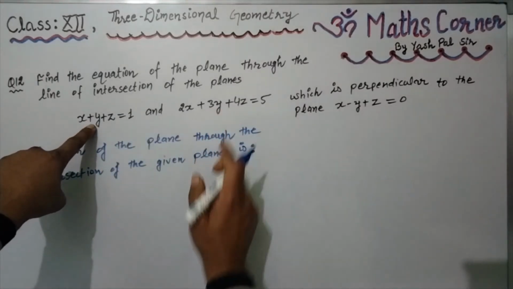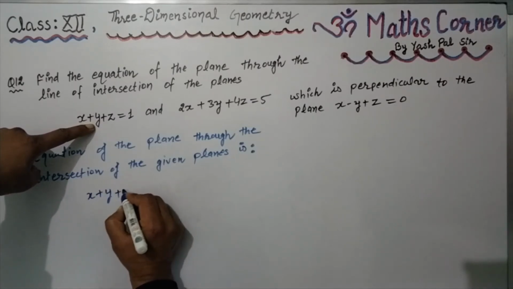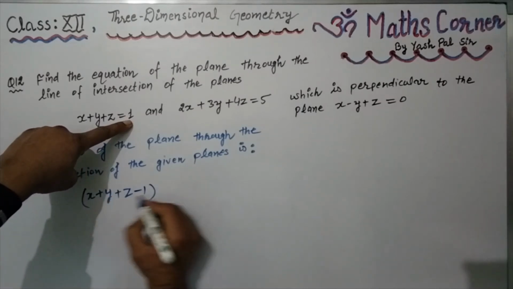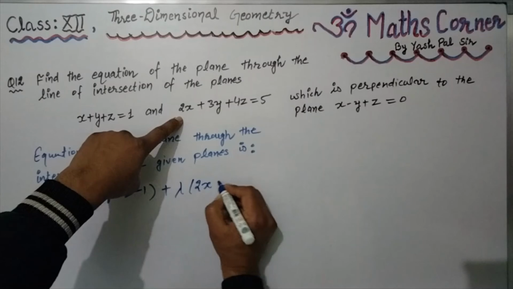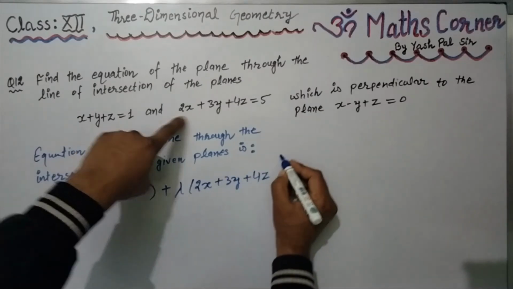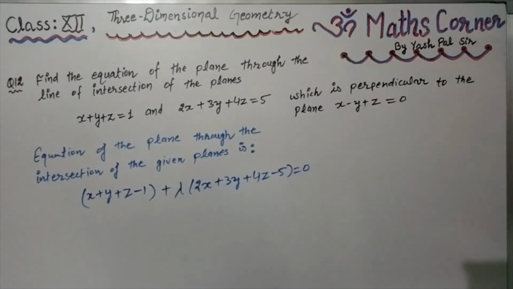This is the first plane, second plane. So we write it as (x + y + z - 1) plus lambda times the second plane, 2x + 3y + 4z = 5, meaning 2x + 3y + 4z - 5, is equal to 0. Right?